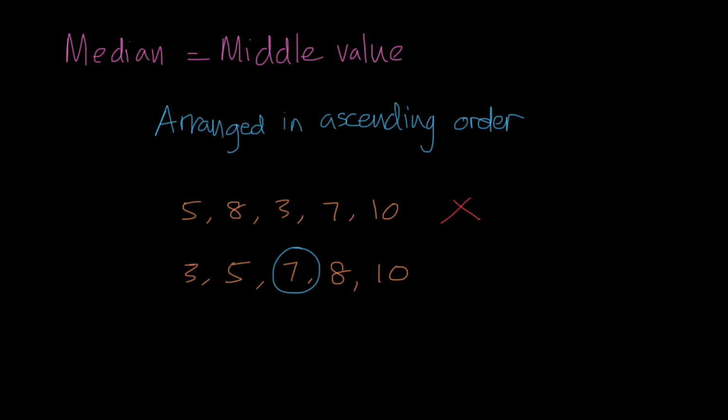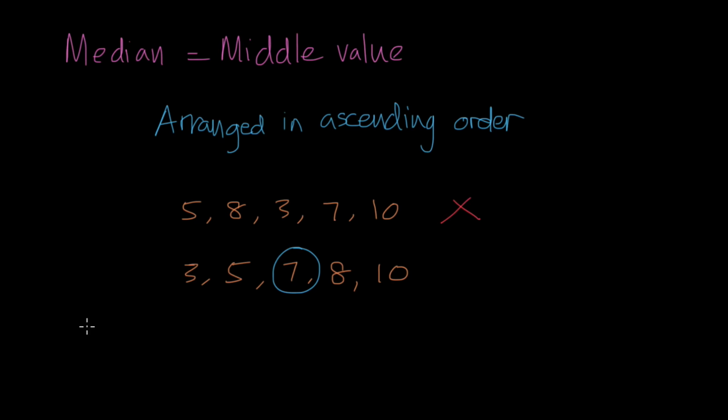Okay, but what if I had a lot of numbers? Now here I have just 5 numbers, so it's very easy for me to just look at it and say that 7 is the middle term. But if I had a lot of numbers, counting up to the middle term is quite strenuous. So there's actually a very quick and easy formula for this.